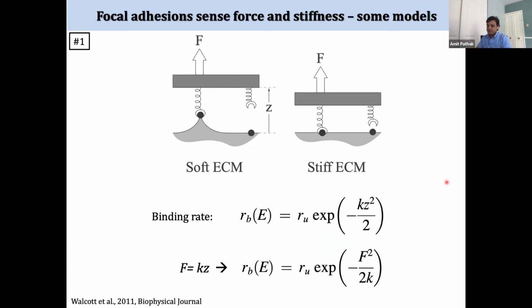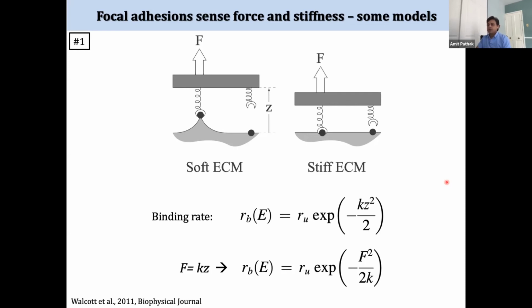But the problem is if it's really too simple, it won't capture everything about a biological process. But let's start with some simple models. So I'll give you 3 examples, and there are lots of different models for focal adhesions. But these 3, I think, capture what we talked about today.